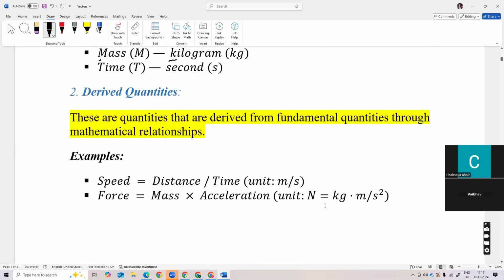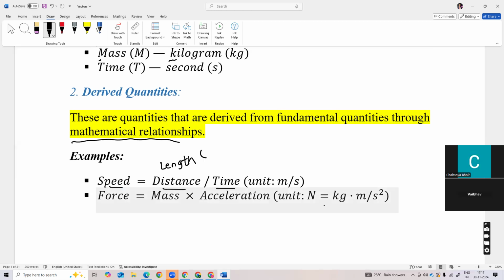So let's see the derived quantities. These quantities are derived from fundamental quantities through mathematical relationships. As we have seen, speed is distance upon time. Here distance, which is length, is a fundamental quantity. Time is also a fundamental quantity.